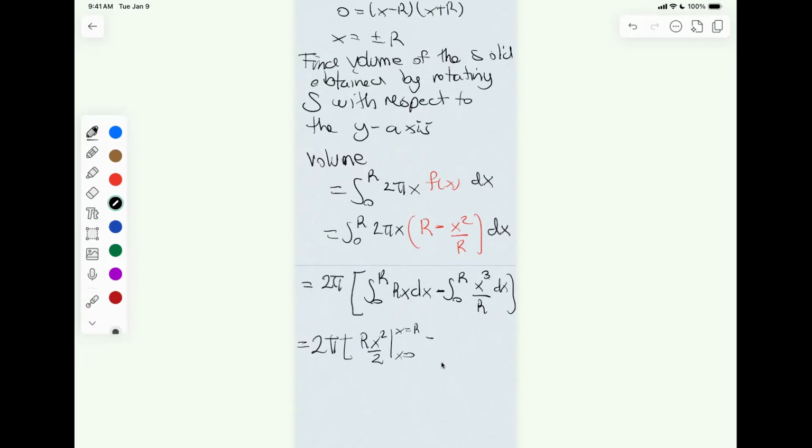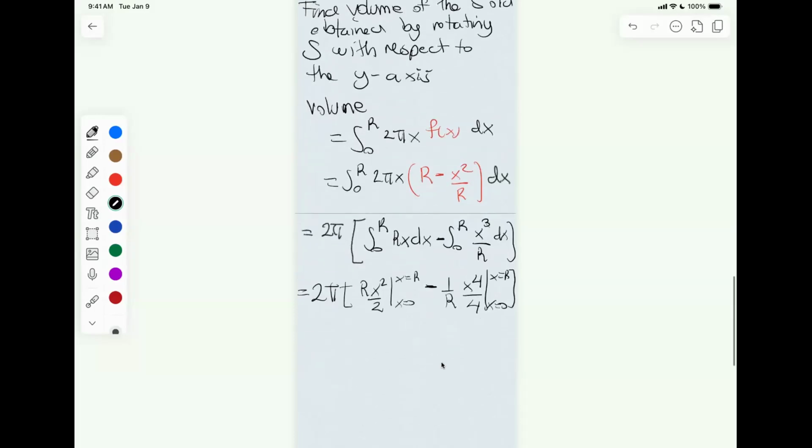So that's easy. And the other one, again, 1 over r is a constant, so you're just integrating x cubed dx, and that gives you x to the 4 over 4, at x equals 0, x equals r. That's not too bad to evaluate because the lower bounds are 0. So you get r cubed over 2, and then minus 1 over r times r to the 4 over 4.